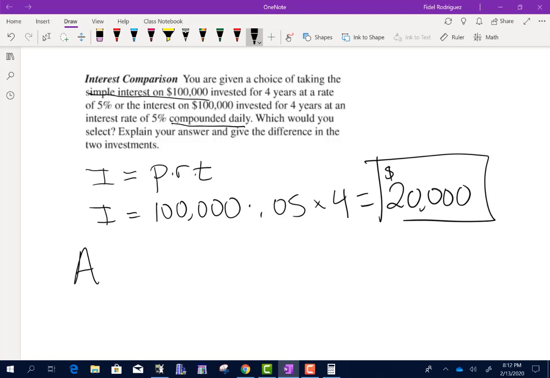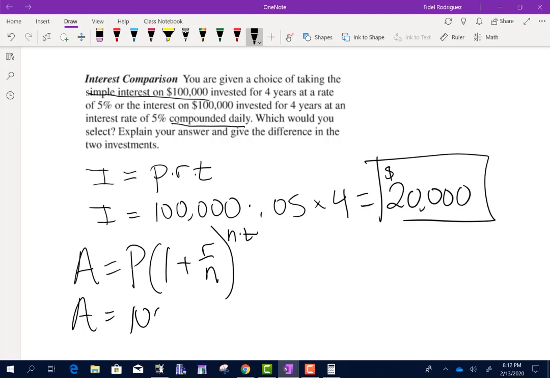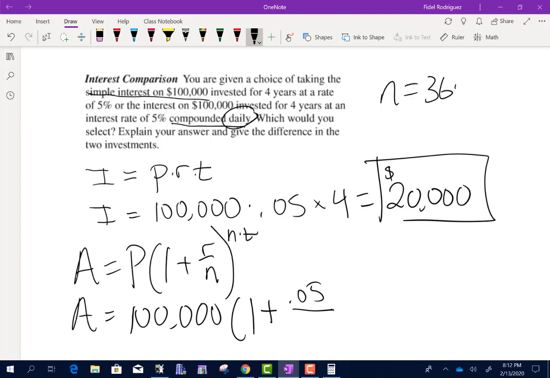Now, the second part says we can do a compound interest. So I'm going to do my compound interest formula. P times (1 plus R over N) to the power N times T. Okay. So we still have 100 grand. We're still at 5%. But it says compounded daily, 365 days in a year, right?